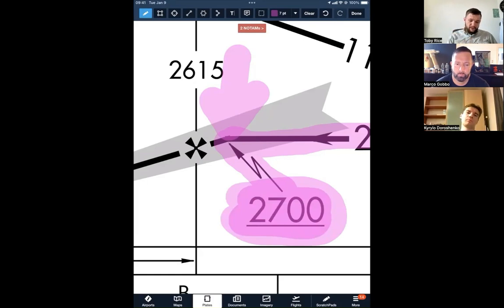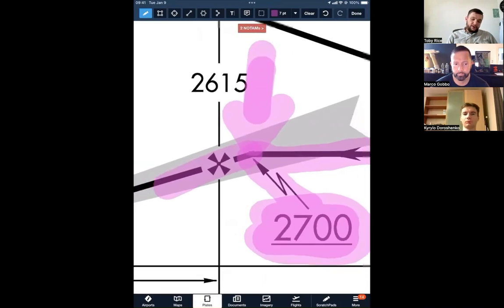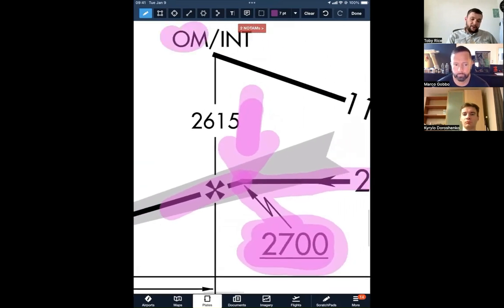You can't find it on a GPS. But once you begin descending on the glide slope, you'll eventually hit the outer marker. And when you hit the outer marker, you should be at 2,615 on your altimeter. So you can check that. Cool, you know where you're at.